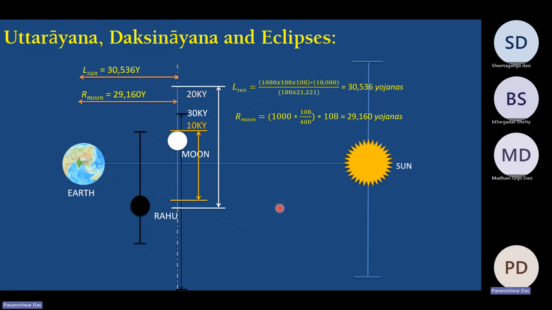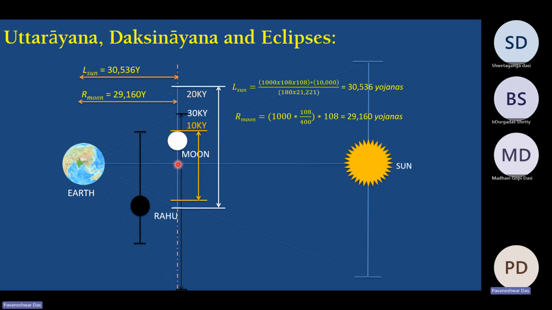In this particular window, this distance will become 10,000 yojanas. So we know the mathematical formula. If in a triangle from here to here is one value, and here to here also we know. This is also the same triangle, a similar triangle. We know this distance from here to here 10,000 yojanas.